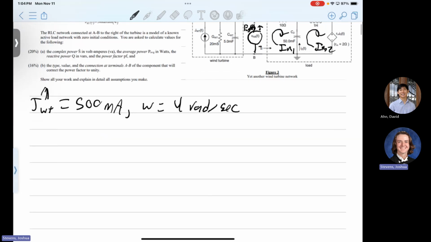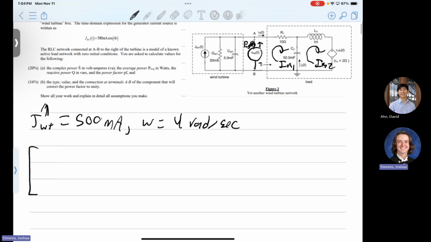So now we just do the mesh. Mesh 1, we have R1, and it's mesh, so it's impedances. What's being shared between the two is just 1 over sC2. Same here. And then we have 1 over sC2 plus sL3.